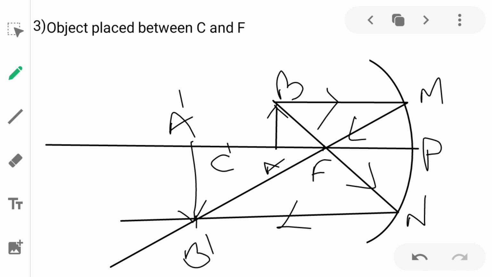Compared to the object AB, the image A dash B dash is of a little larger size. So you can say the image is magnified. Collectively, the image is real, inverted and magnified. Now where is the image formed? For the object between C and F, the image is formed beyond C.